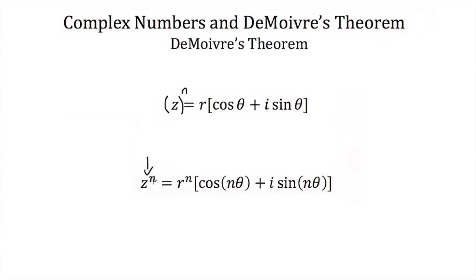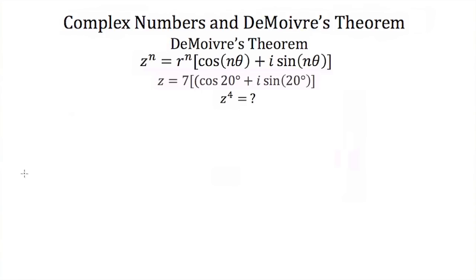That tells us that our complex number raised to the n power is the same as r to the n power, and then the n comes inside our cosine and our sine, and we just multiply our angle by n. So it's the cosine of n times theta plus I times the sine of n times theta.